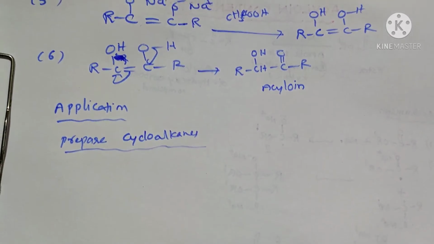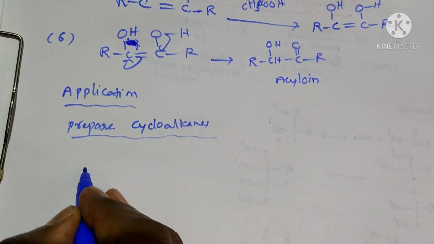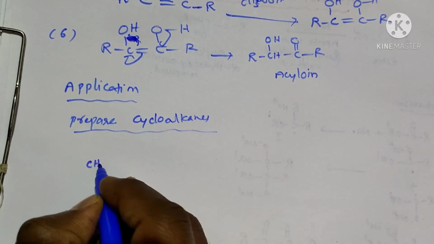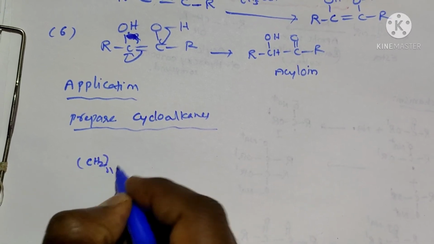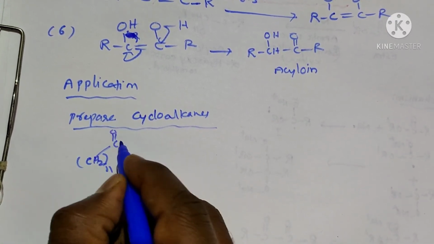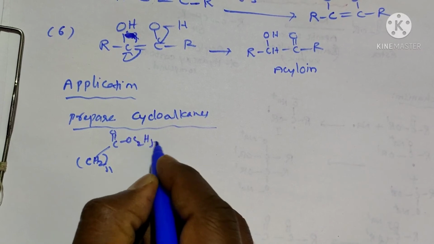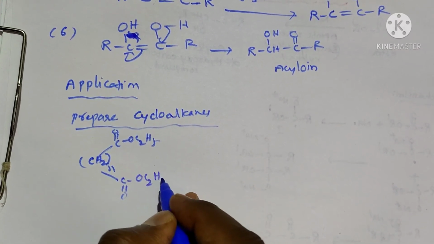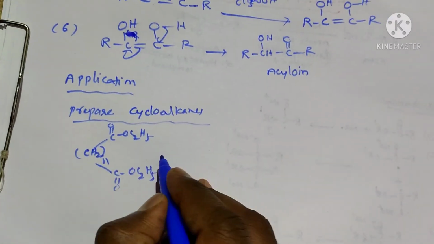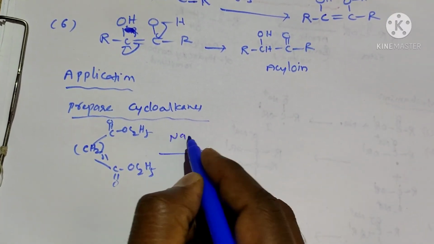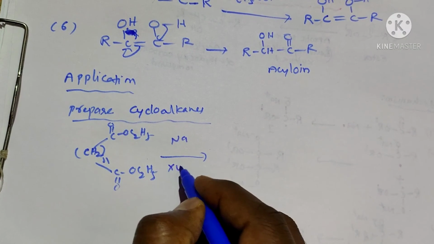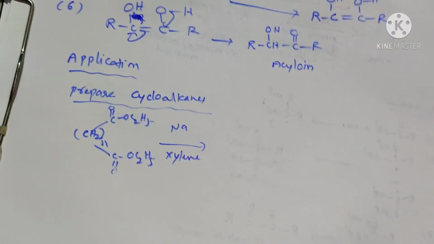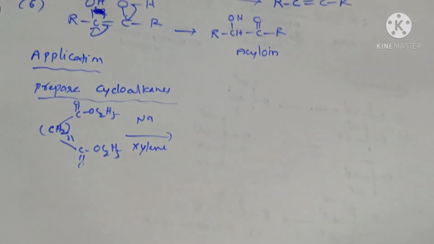To prepare the cycloalkanes, we take the diesters. So look here, like this, we take the diester, and on refluxing with the sodium in the presence of aprotic solvents, we get the cyclic acyloin.